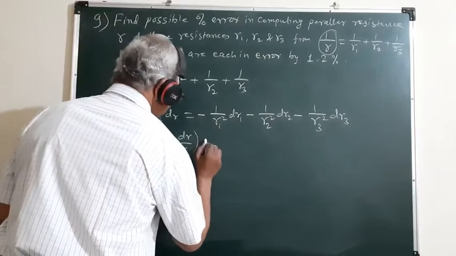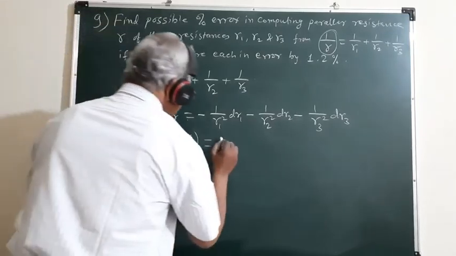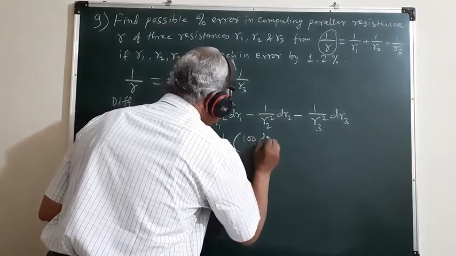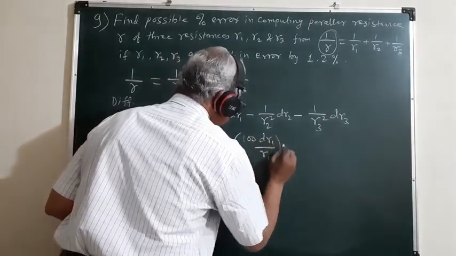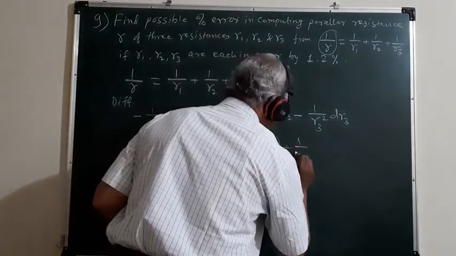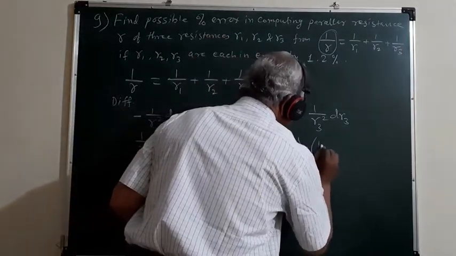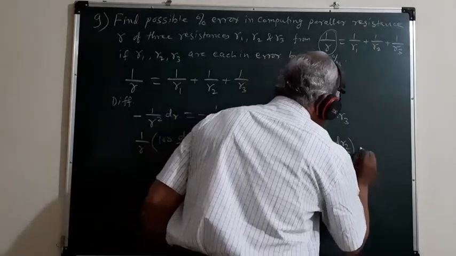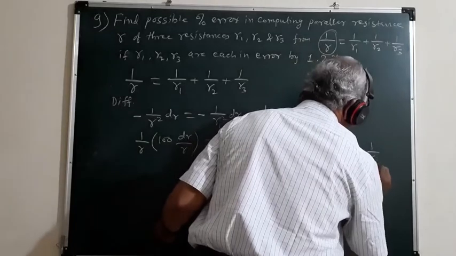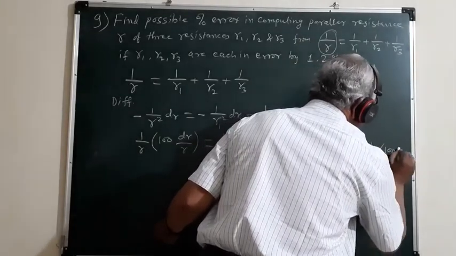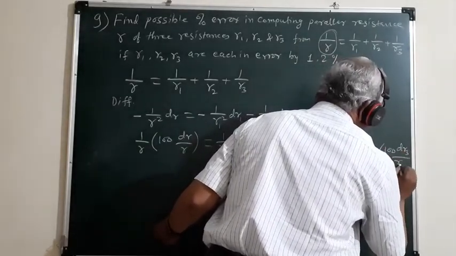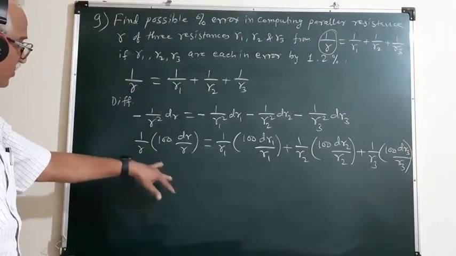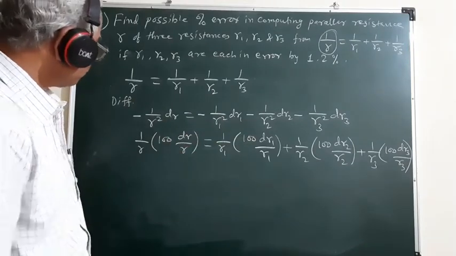So we can express this as 1 by R1 into bracket 100 dR1 by R1 plus 1 by R2 into bracket 100 dR2 by R2 plus 1 by R3 into bracket 100 dR3 by R3. So by rearranging this expression, we can express it like this.